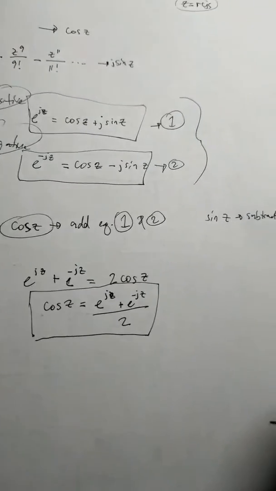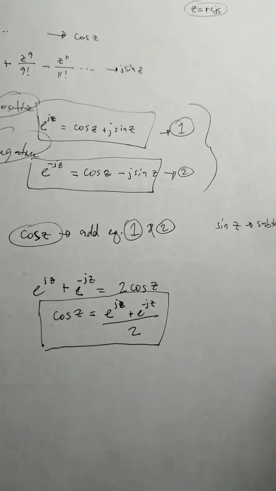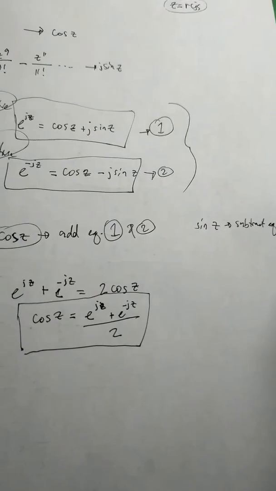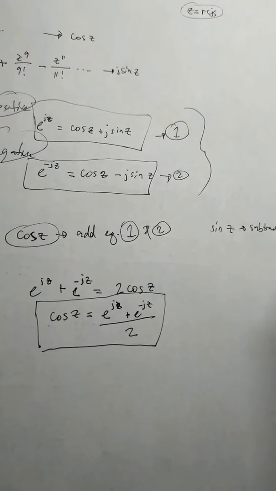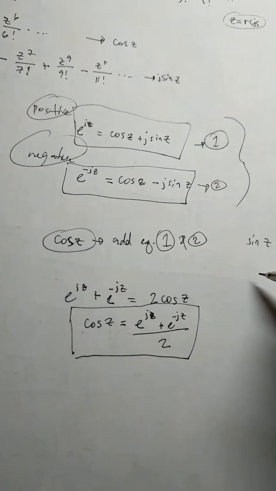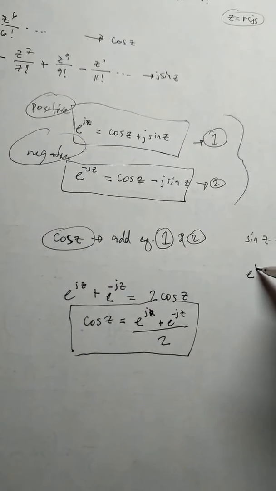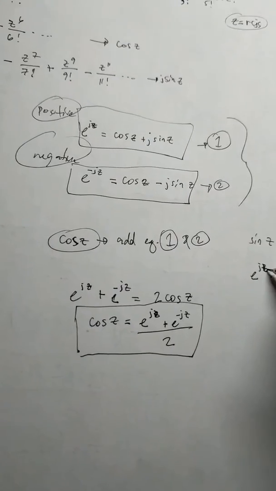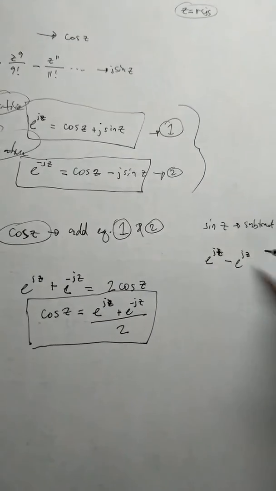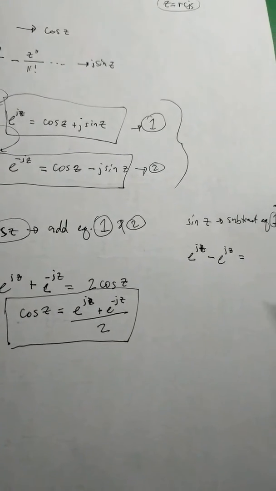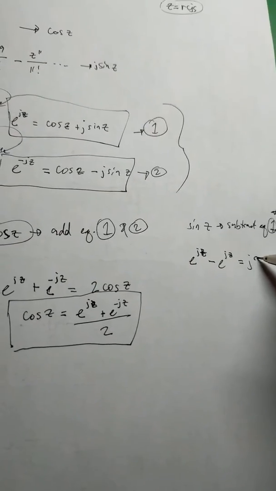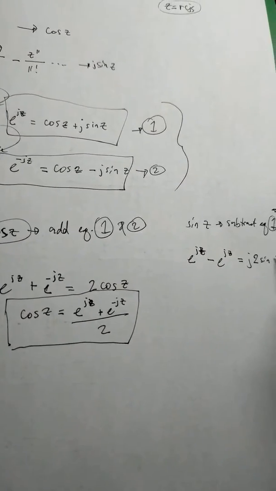So subtract natin ang equation 1 kag 2, or from equation 2 subtract natin ang equation 1. So this will become, so e^jz minus e^-jz equals to j2 sine z.